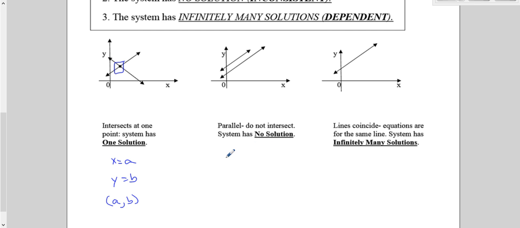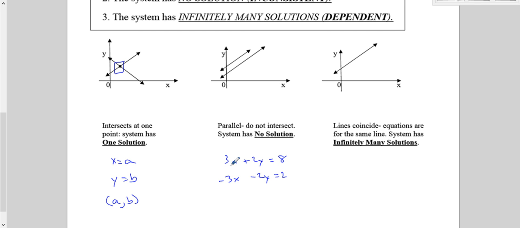To find out if a system has no solution, let's say we have 3x plus 2y equals 8, and we have negative 3x minus 2y equals 2. Okay?